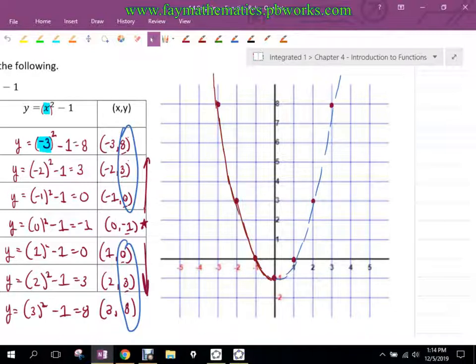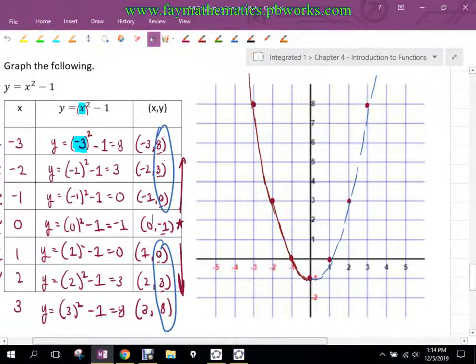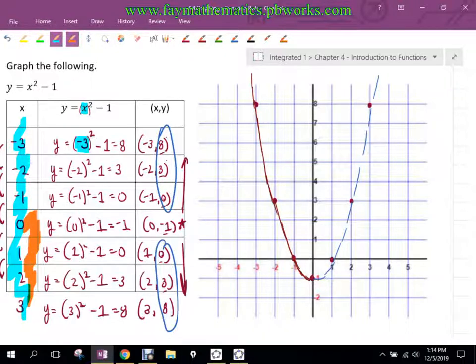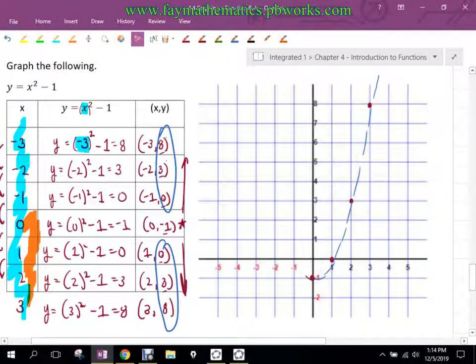But that's a parabola. Here's why I told you at the beginning that it's important what kind of x values we choose. If I would have just chosen these x values right here, 0, 1, 2, 3, that would mean that I didn't have that stuff show up.